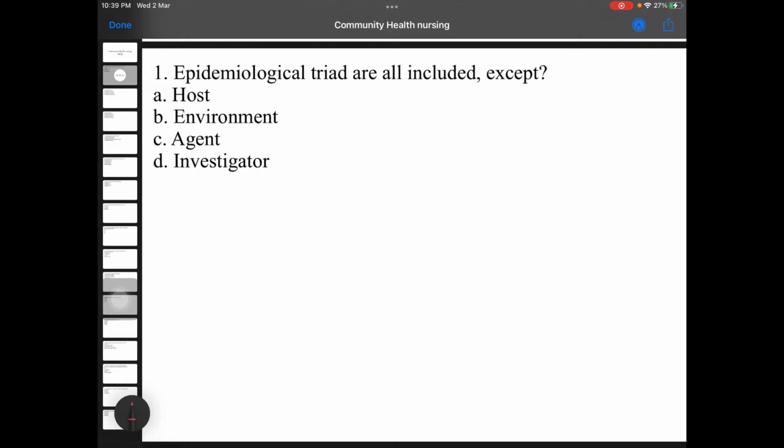It is one of the traditional models for depicting the causation of disease, and it is one of the simplest among all these models. So what is included? It includes the susceptible host, the agent, and the favorable environment.